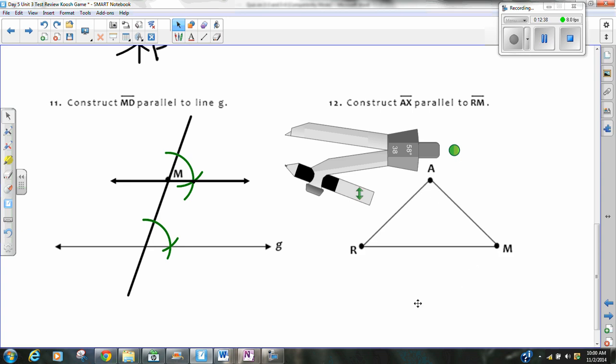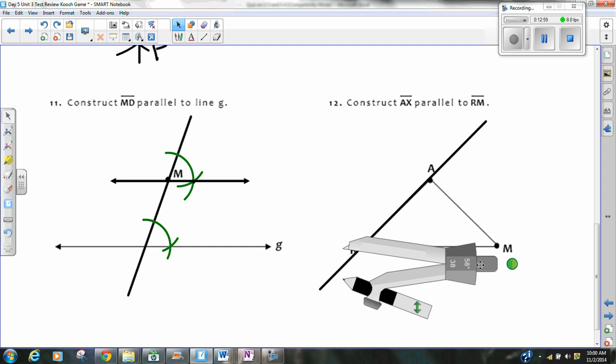The last one, AX parallel to RM, is the exact same thing, but this one, your transversal has already been drawn, but you might need to extend it. So if you want to take and draw a transversal through the already side of the triangle, then you're going to do the exact same thing.